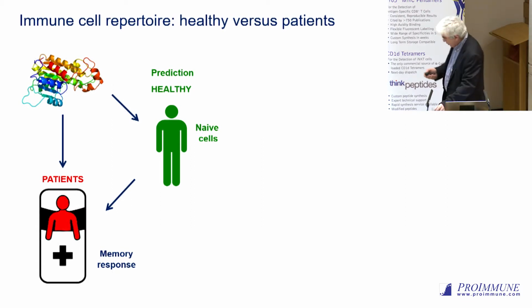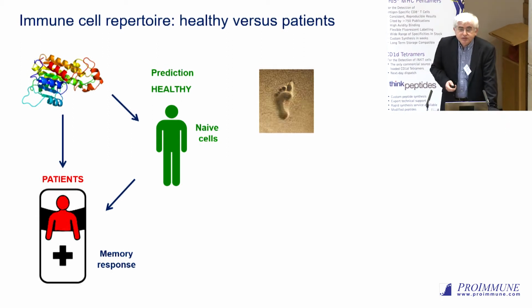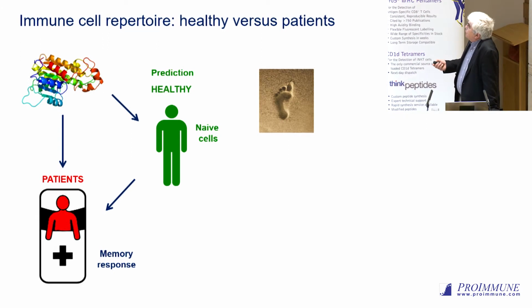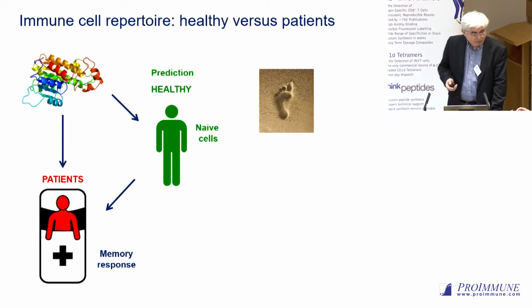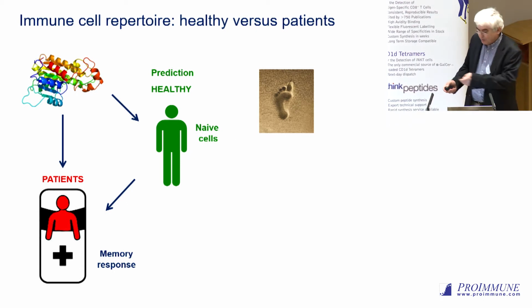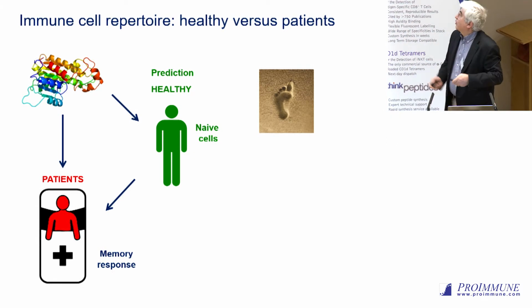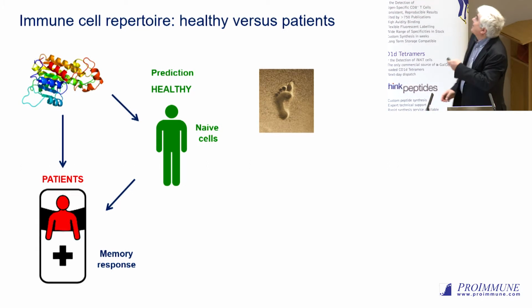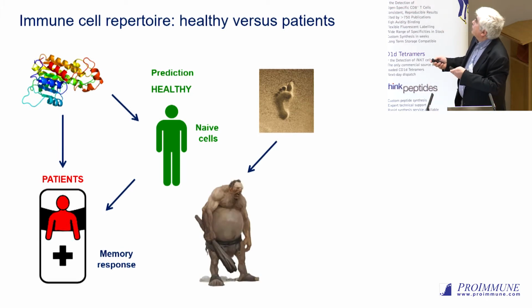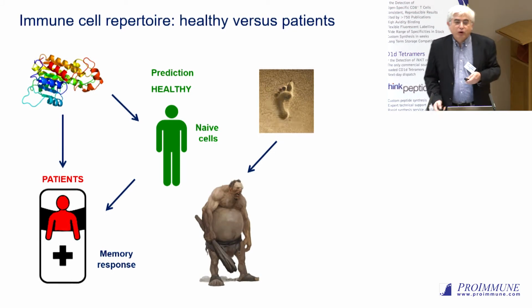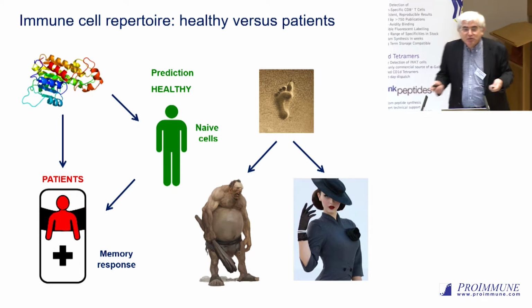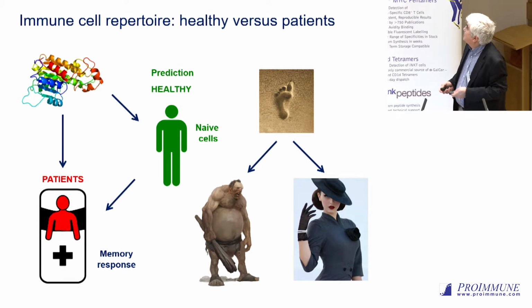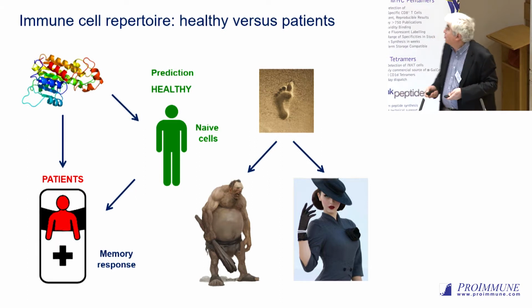So that means that we are looking for footprints from the memory response in the naive cells, and we know that these footprints may belong either to unwanted immunogenicity for therapeutic proteins, or, in contrast, to a very nice immune response for a vaccine candidate. So this is what we are doing and what we wish to do.